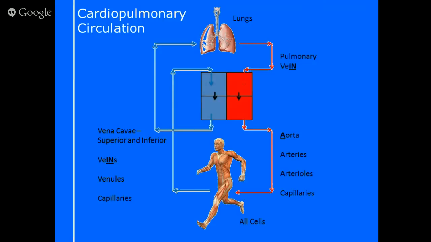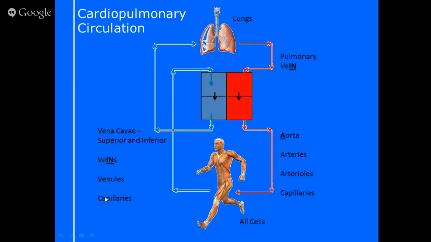And then these capillaries start to change into venules, and then they change into veins. So this is like a reverse of what we were just seeing with the arteries, but this time it's happening in veins, because they're on their way back to the heart. So they're on their way back in to the heart, which means that it is a vein because it's on its way in to the heart.